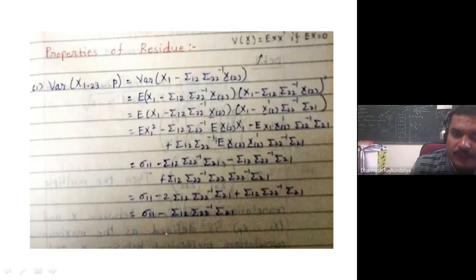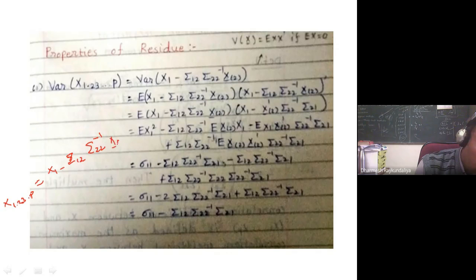तो आपको पूछे कि what is the form of the regression of x1 on x2 to xp. So the regression or residuals of x1 on x2 to xp is nothing but this: x1 minus sigma 1 2 sigma 2 2 inverse x2.